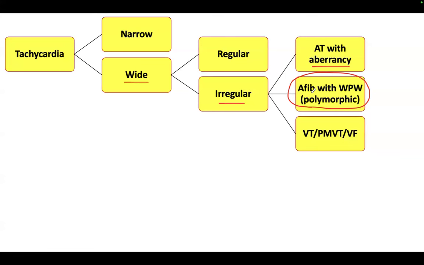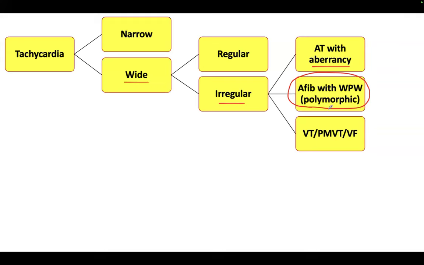And when you get AFib, the atrial fibrillation might go down the accessory pathway and result in rapid ventricular rates. Thereafter, it presents like an ECG with a polymorphic VT. So the patient has very rapid ventricular rates, and hence he or she is at risk of cardiac arrest.